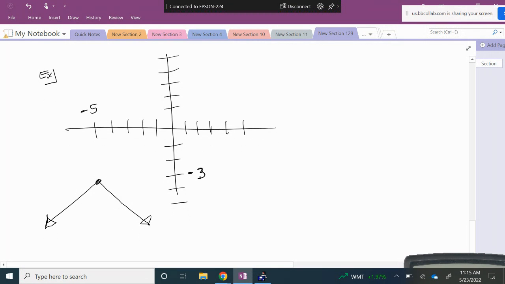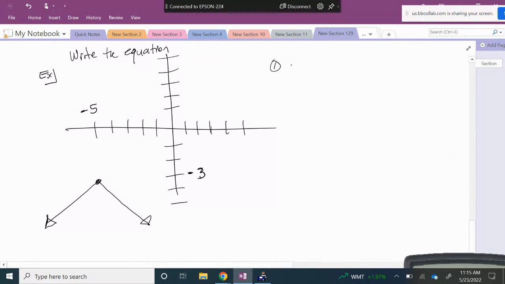All right, so we're given this graph, and we're asked to write the equation. All right, so we're going to follow the steps from the last example.